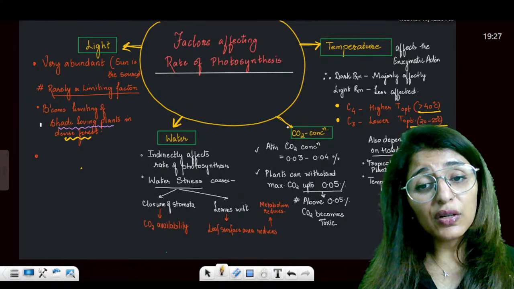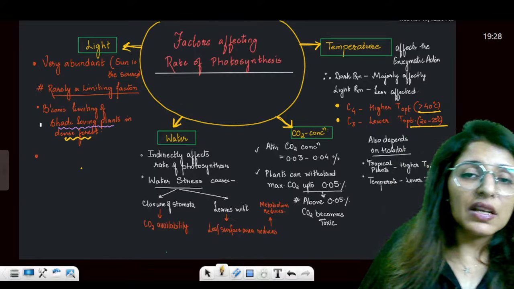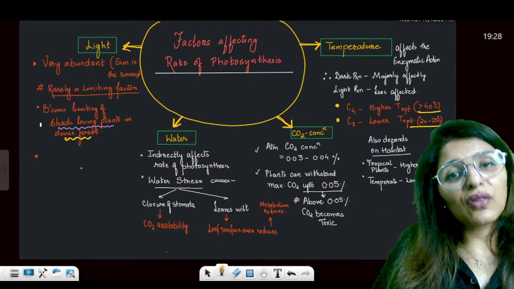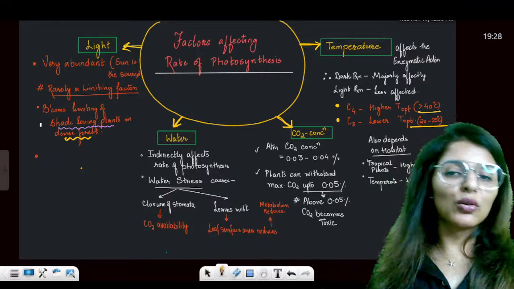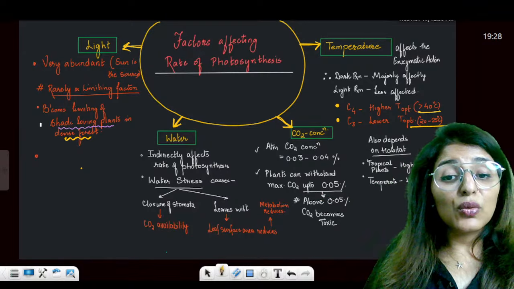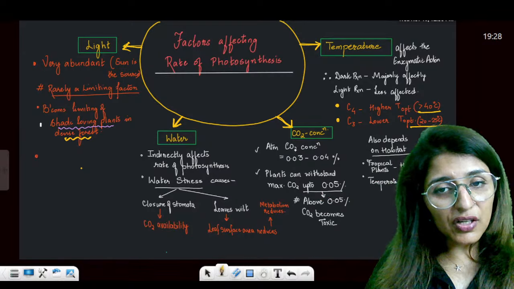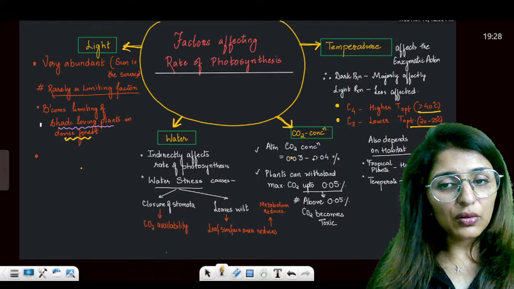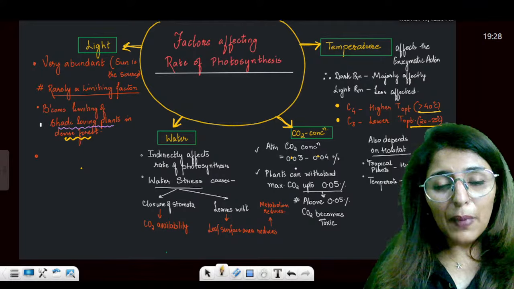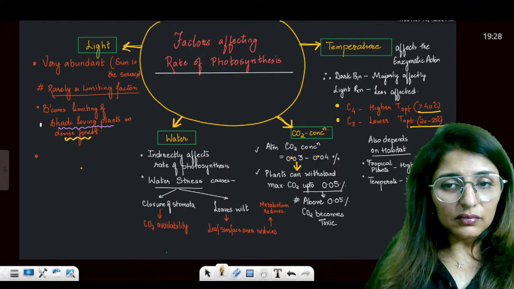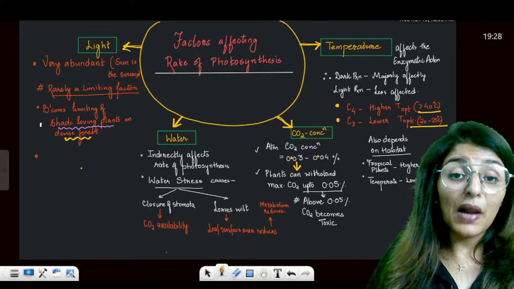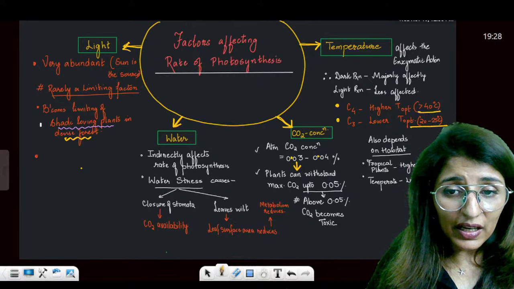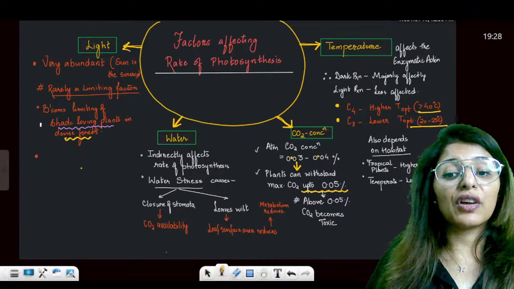Then coming on to the CO2 concentration. Of course, CO2 concentration will affect the rate of photosynthesis. Now, usually we might think the more the CO2, the more glucose will form, but that's not the case. The atmospheric concentration of CO2 is between 0.03 to 0.04%. But the maximum percentage of CO2 which plants can tolerate is only up to 0.05%.